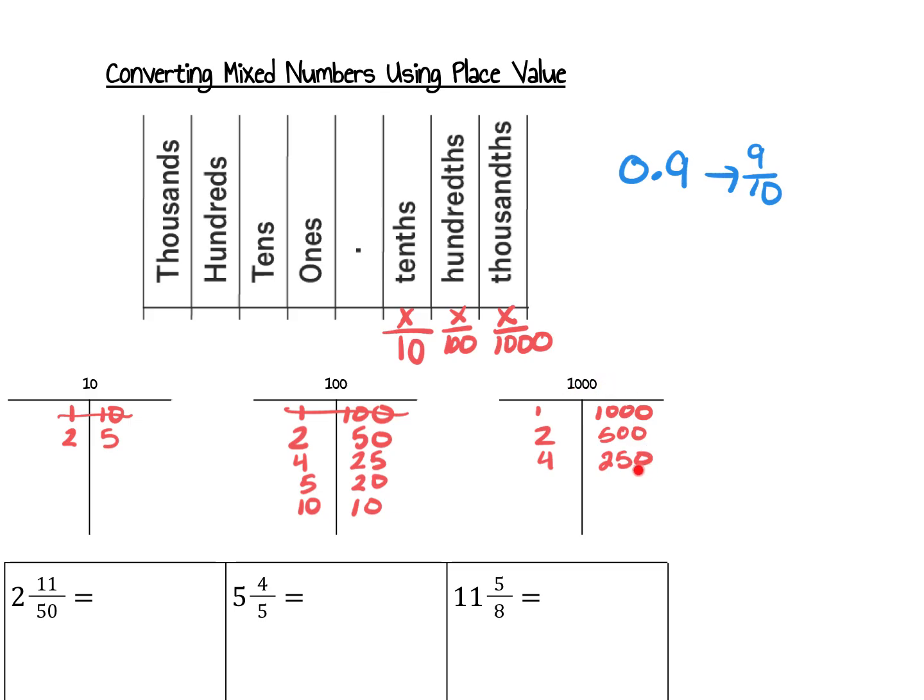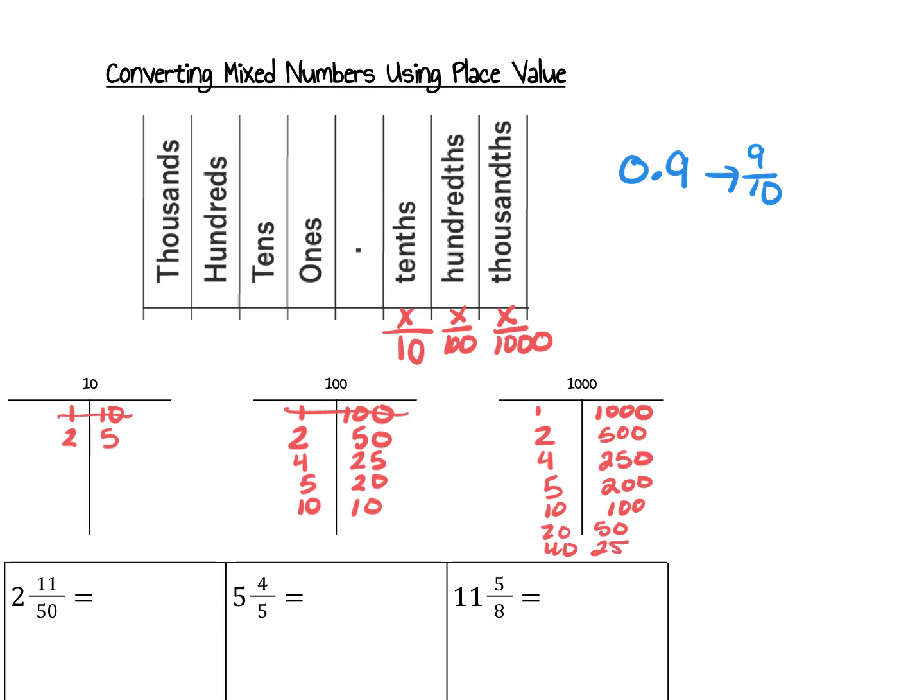Then I can also do 5 and 200. I can do 10 and 100. What we could also do is add a 0 to these. So it could be 20 and 50, 40 and 25.